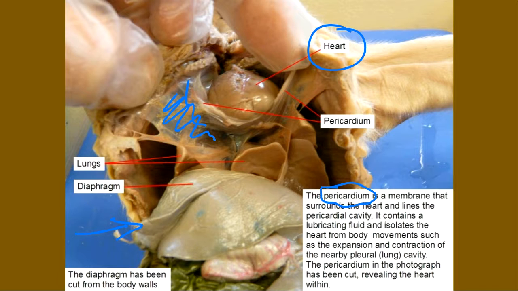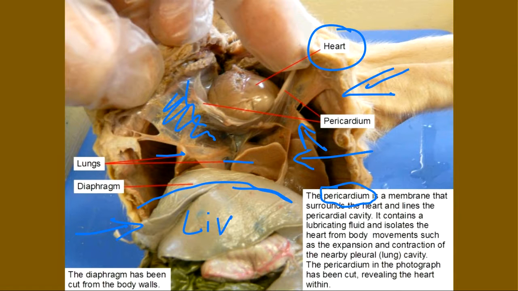All right, so just as a review, this is the thoracic cavity, and here are the lungs, here and here. And then you have the diaphragm lying on top of, this is the liver. This is the spleen.